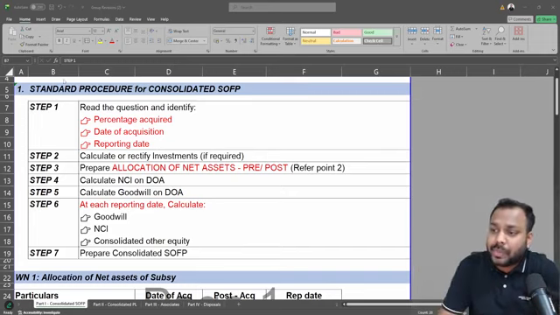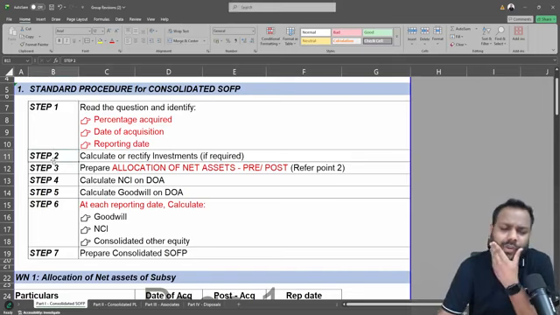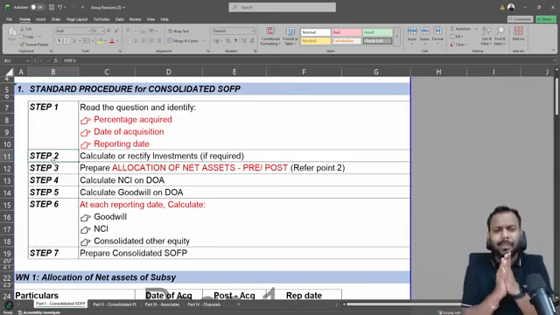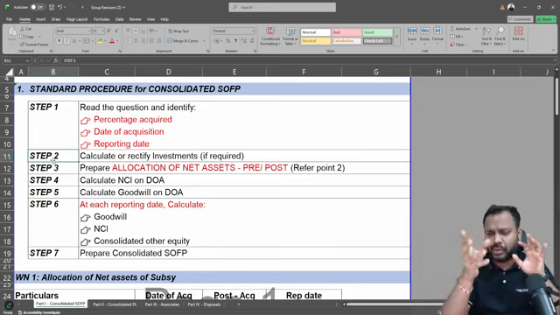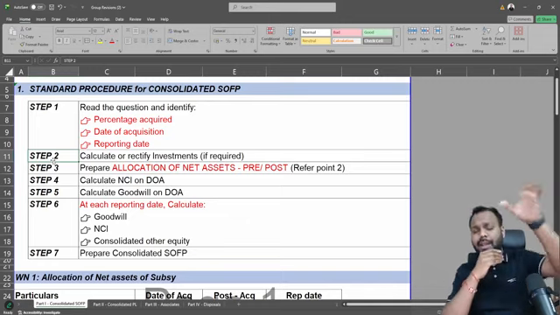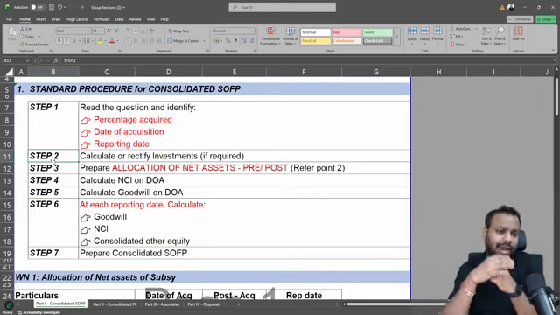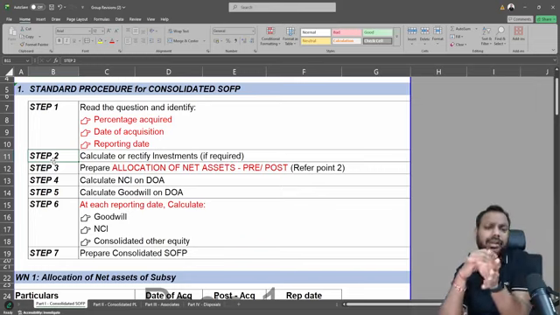Now, as part of step two, rectify investments. What do you mean by rectification of investments? Many times the question is given something like this. The question says that the parent has acquired 80% shares of the subsidiary, and to acquire those shares, the parent has paid $10 million cash.